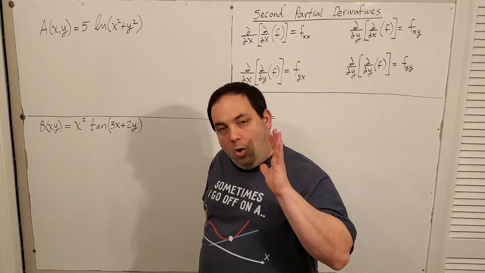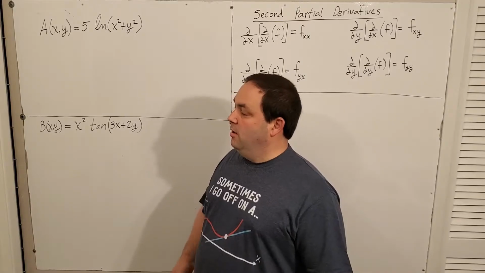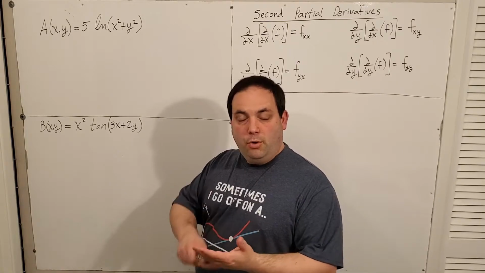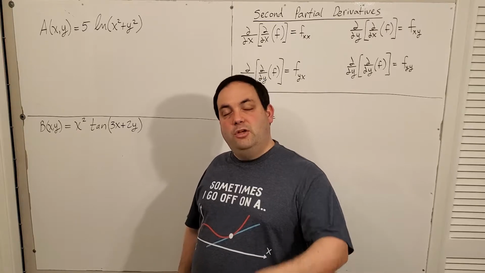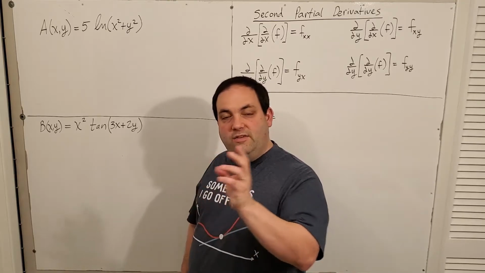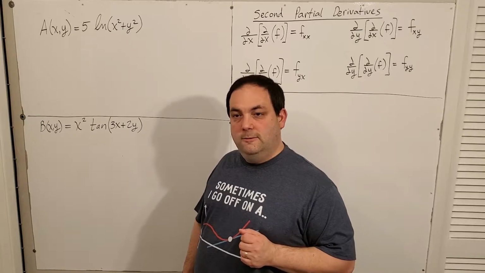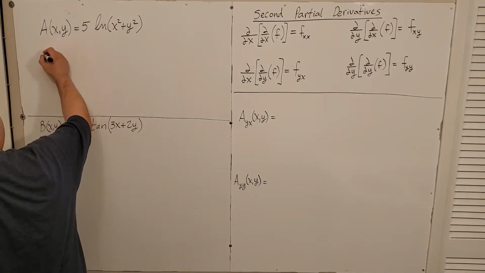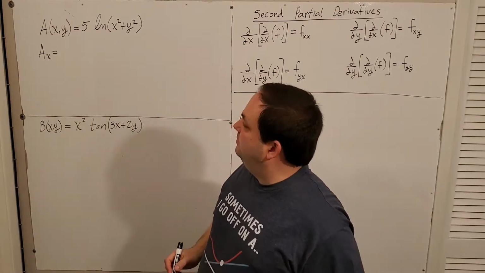And don't forget, all of the derivative rules that you've learned up to this point, all of the laws that you've invoked, power rule, the individual chain rule, product rule, quotient rule, all of those things are still valid when doing these derivatives, because you're still honing in on a single variable, basically giving it its own universe of derivatives, while the other variable is being held constant. Okay, so here, let's say I want to do the partial derivative of a with respect to x, right? A sub x.